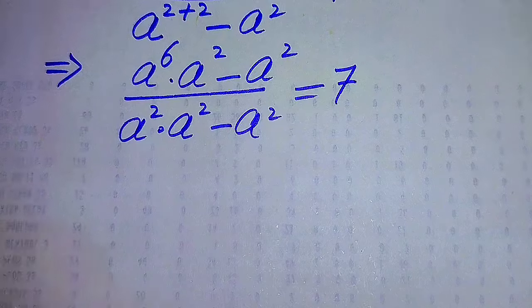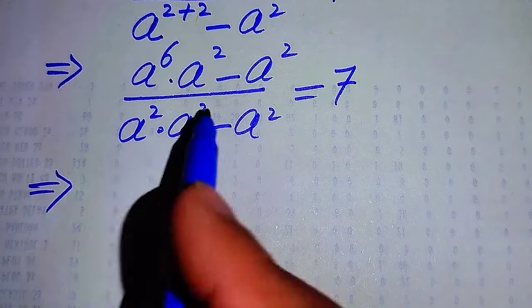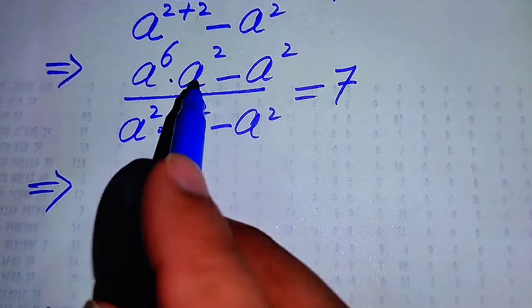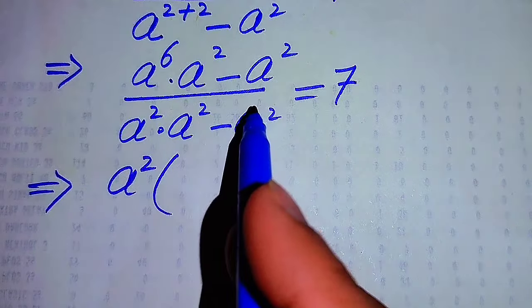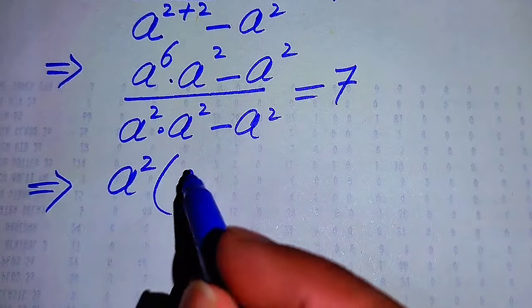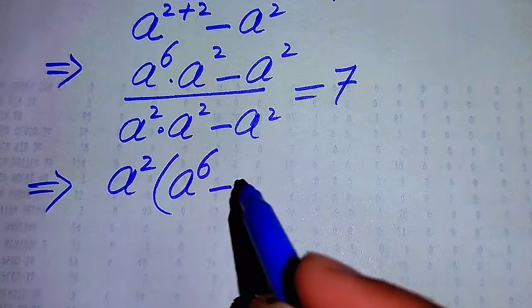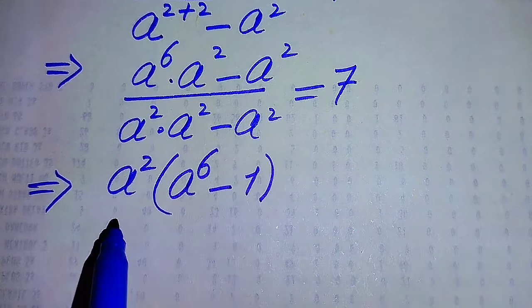Further, in the next step we need more simplification. Here you see that a squared is the common term, and when we take it common from the numerator we get a to the power of 6 minus 1.